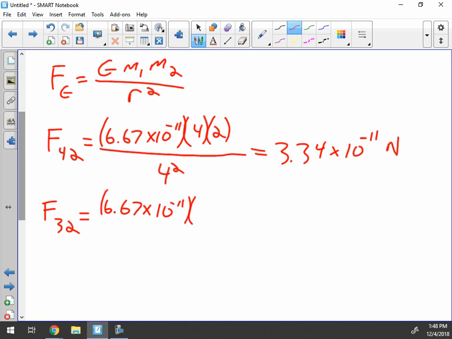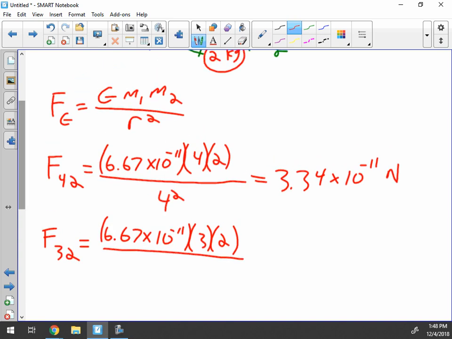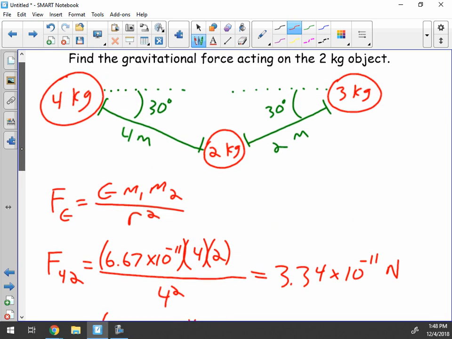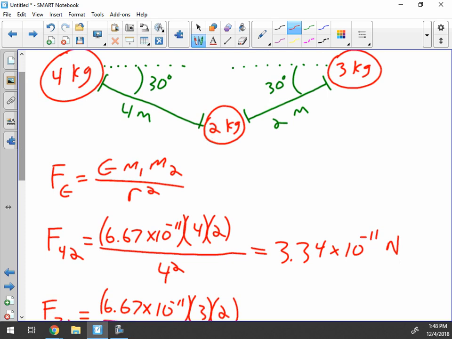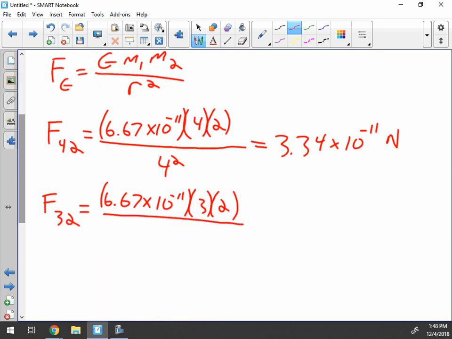We have our two masses, 3 and 2, divided by the distance squared, and the distance between those two objects is 2 meters. So we're going to plug in 2 meters down here, squared, for r squared. And we punch that in the calculator, and we get 1.00 times 10 to the negative 10 newtons.